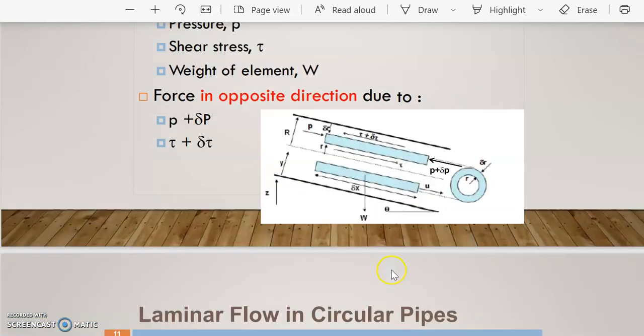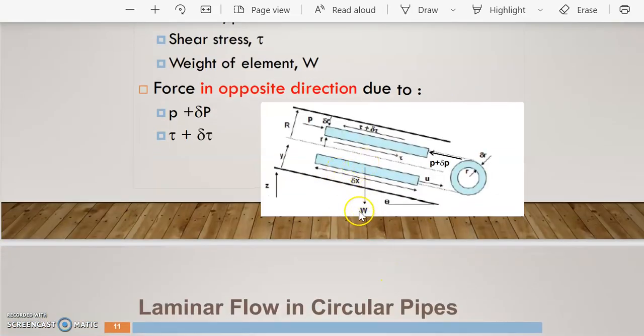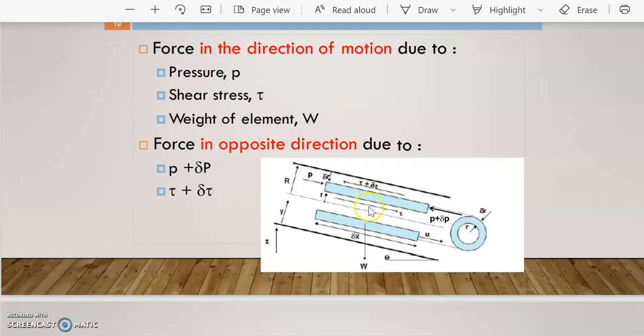We can see the weight acting downward, and the shear stress in the opposite direction to the movement of the flow. The arrow is going in the opposite direction. And then we also have the pressure, which will force the molecules to flow throughout the pipe.